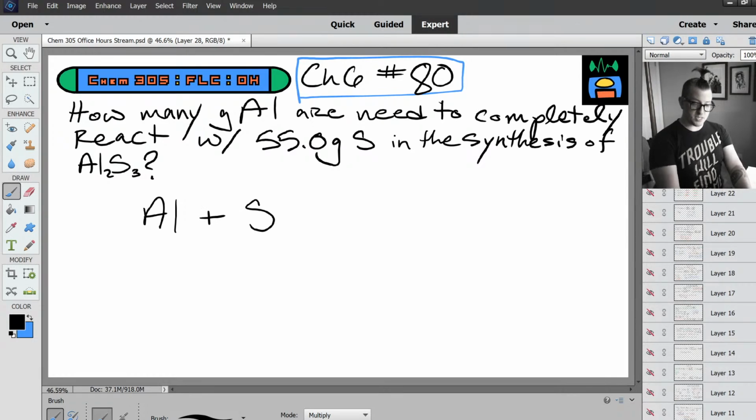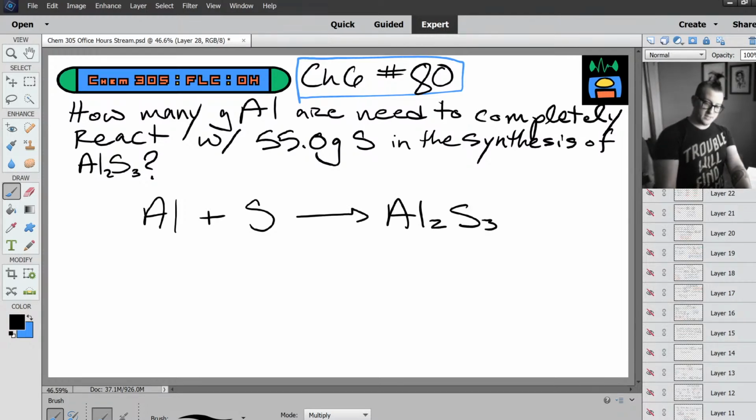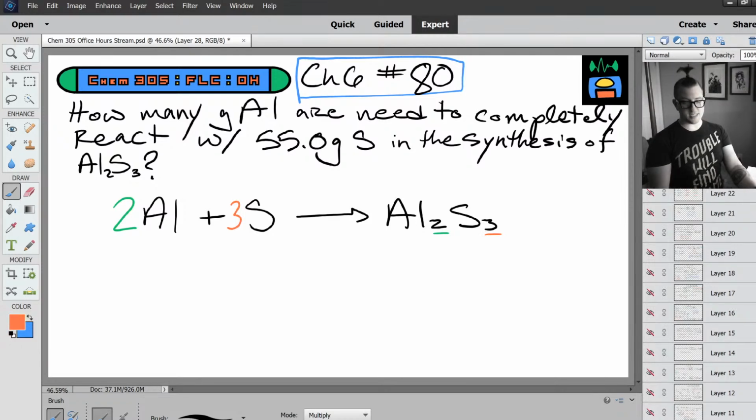So aluminum plus sulfur reacting to make aluminum sulfide is the reaction. This one isn't balanced, right? We need 2 moles of aluminum and 3 moles of sulfur on the reactant side.